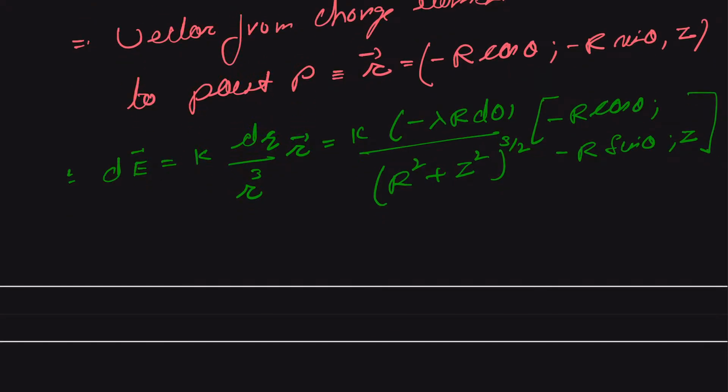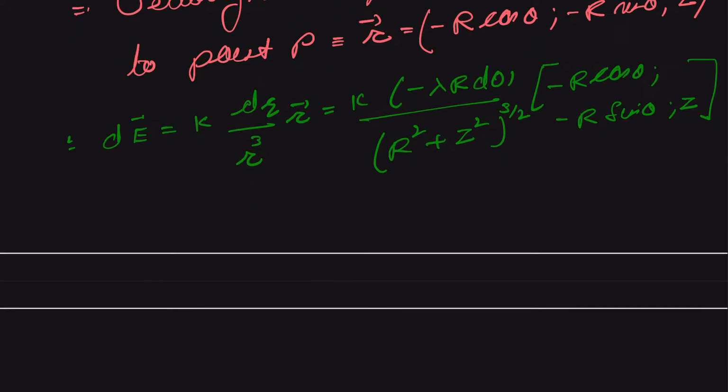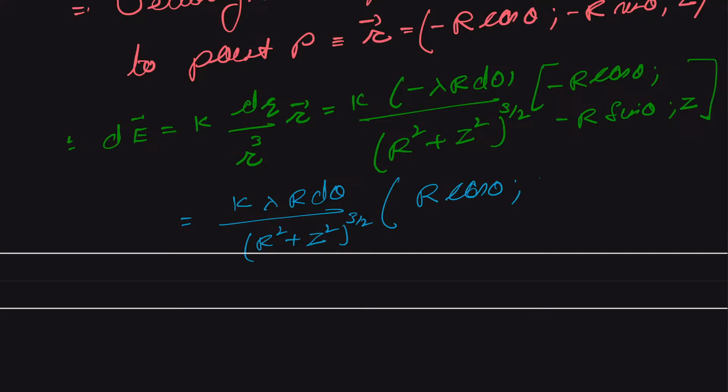We can further rewrite it as k lambda r d theta over r square plus z square to the power 3 by 2, times r cos theta, r sin theta, and minus z.